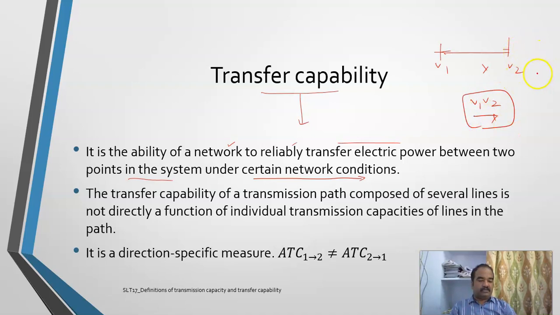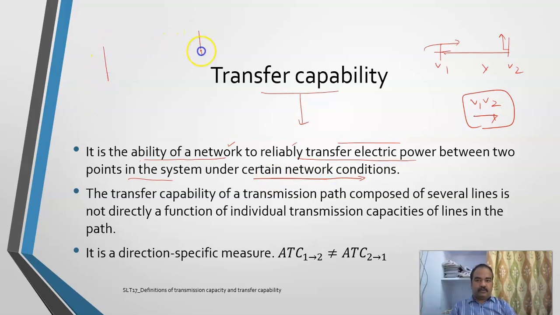Let us suppose that the demand is not there. If I inject more power into the system, what happens? The system may move into unstable mode. So this is also one factor. You are supposed to ensure what is the maximum power you can inject such that the system does not move into unreliable states. So the definition states that it is the ability of the network to reliably transfer electric power between the two points under certain network conditions.